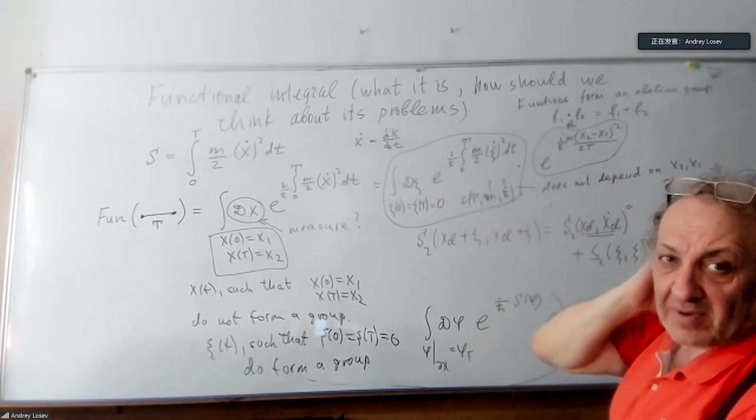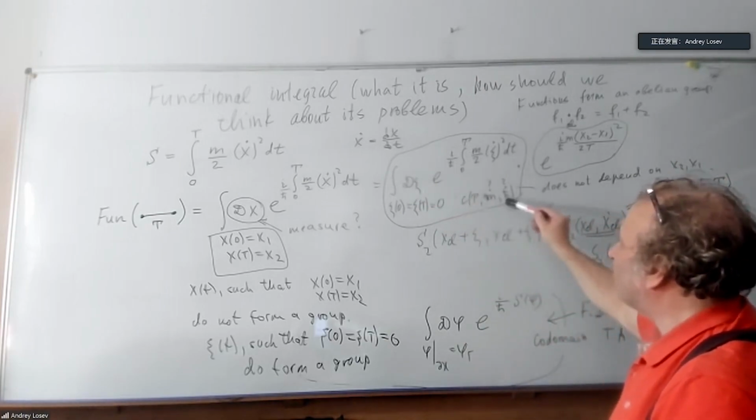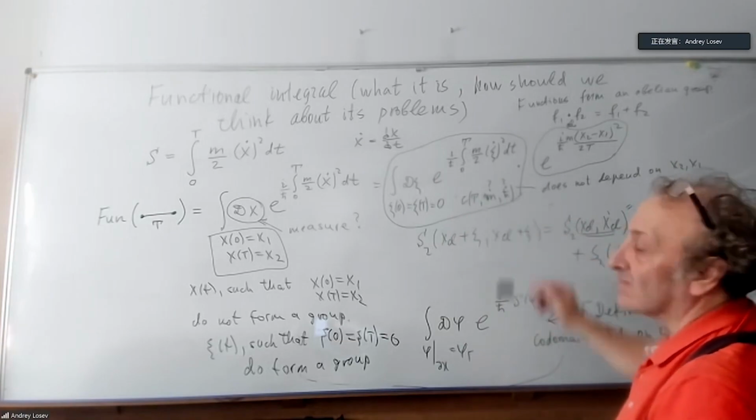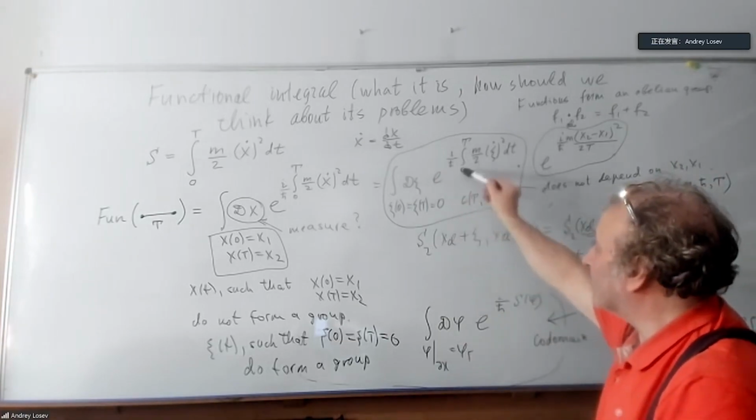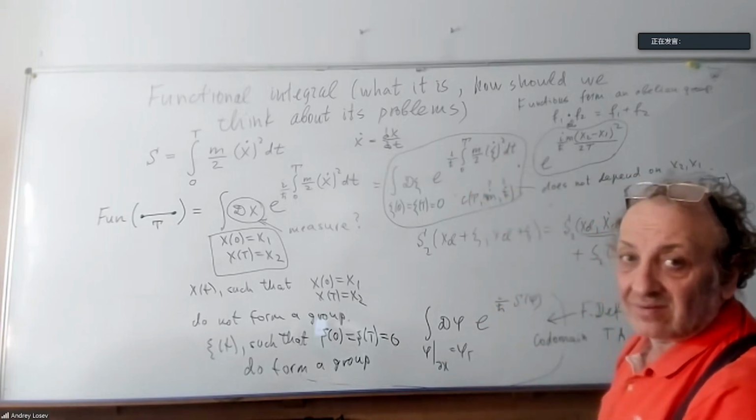So Richard Feynman assumes that this measure is H independent. Because when you write it like this, you say H is only here, right?